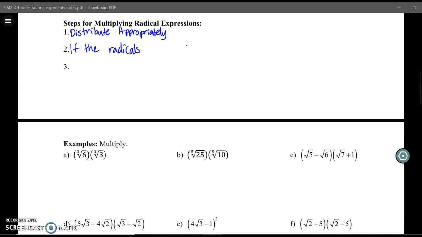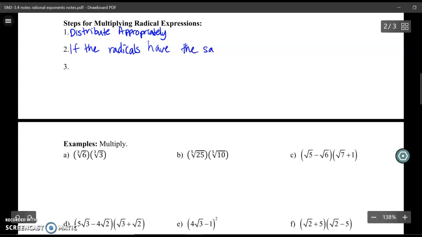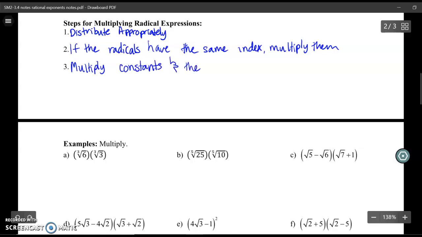Okay, the next step is that if the radicals have the same index, multiply them together. And the final step is to multiply constants and the numbers out front of the radicals.